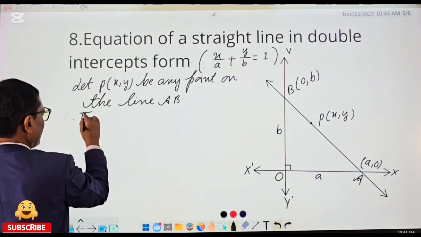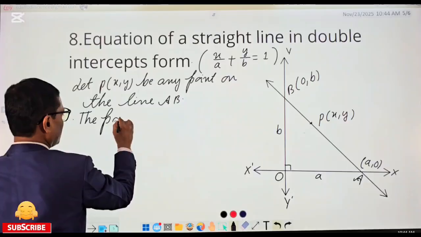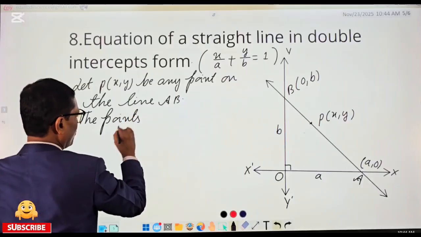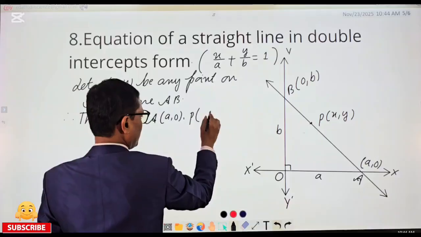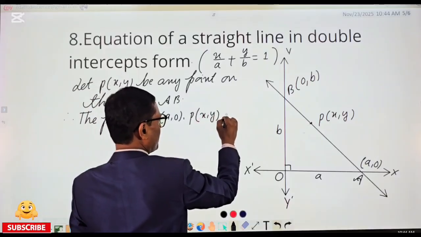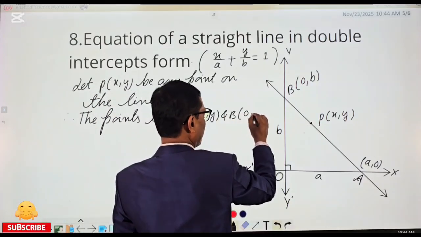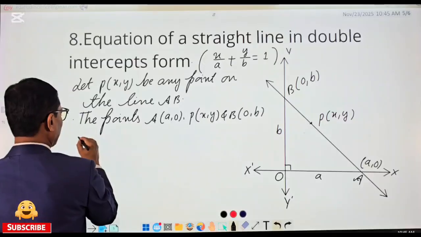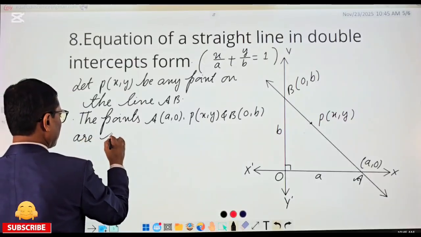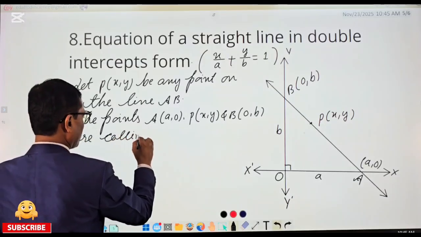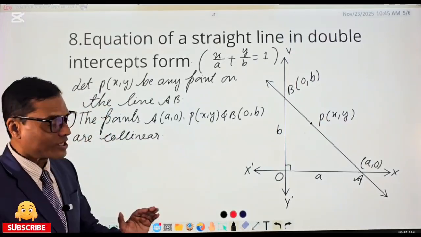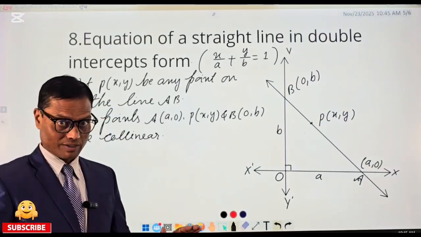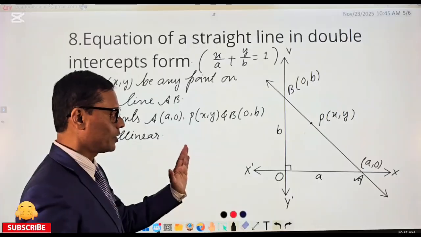Therefore, the points A(a, 0), P(x, y) and B(0, b) are collinear. Collinear means what now? They lie in the same straight line. And if the points are collinear, slopes will be equal. Of course, 100% sure the slopes will be equal.